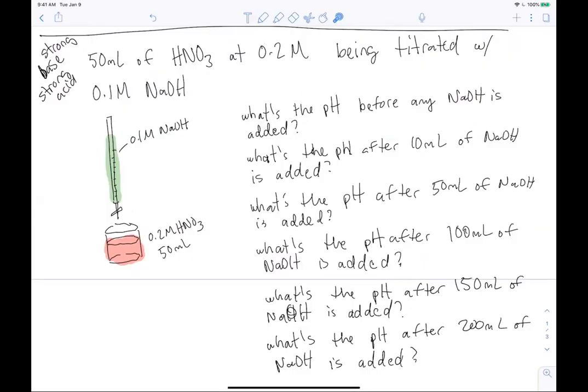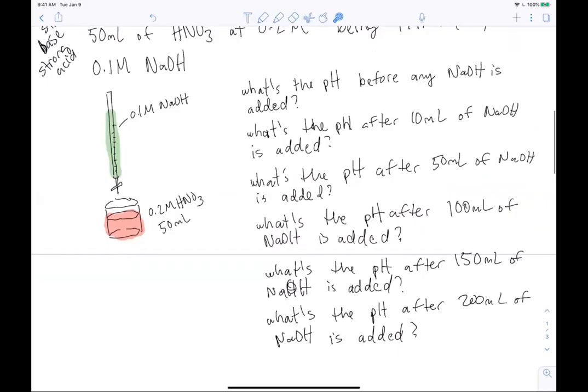I neutralize a certain amount of the acid with this much base, what's the pH? Then I do another neutralization reaction, increasing the amount of acid that's being neutralized, what's the pH? And I keep doing that until at some point I'm going to exceed the amount of acid that I have in solution. And now I'm on the other side of the neutralization reaction. I have excess base, and so now I'm calculating the pH based off that.